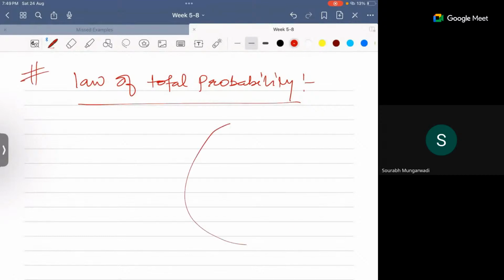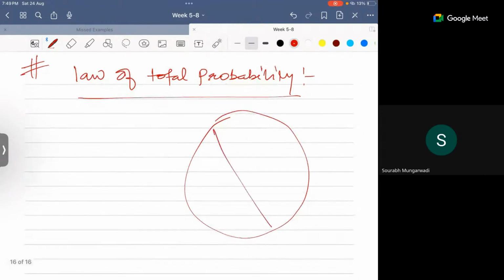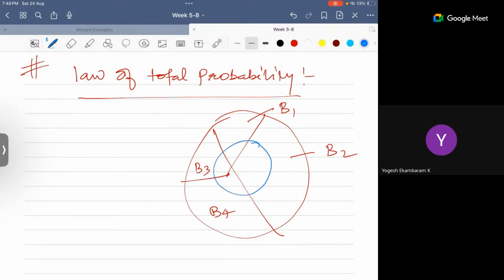So if you have been given an event, and let's say this is the whole event, and this half part is B, or you can think of this as the B1 event, this is the B2 event, this the B3 event, and this the B4 event. Okay, and you have to write the law of total probability for some event A. This is the A event.